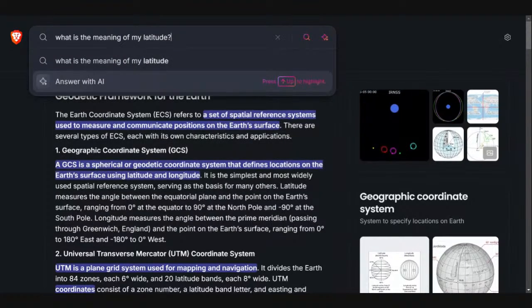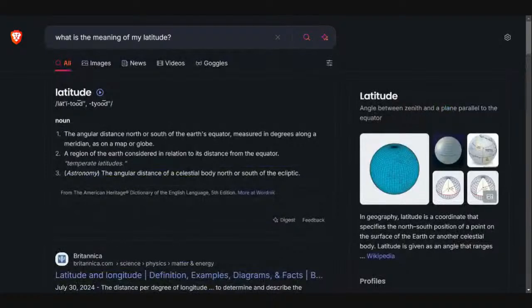Latitude. The angular distance north or south of the Earth's equator, measured in degrees along a meridian.